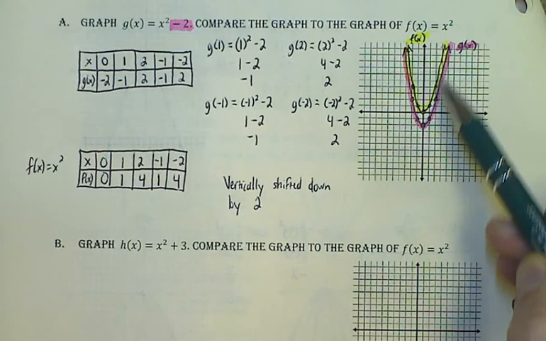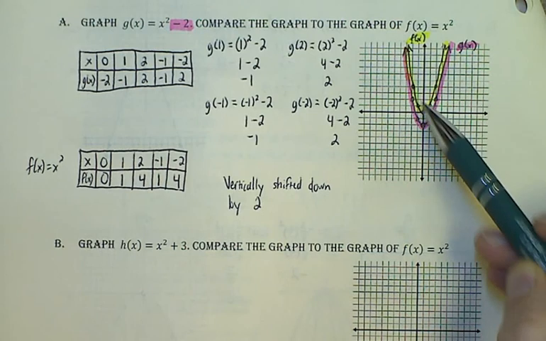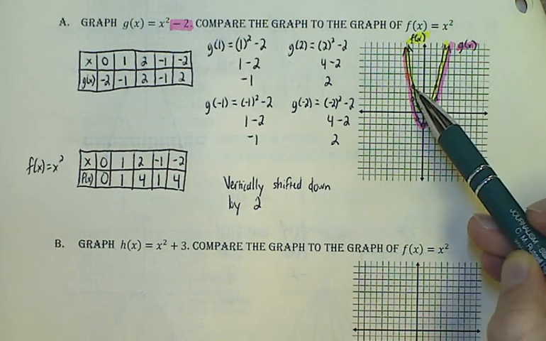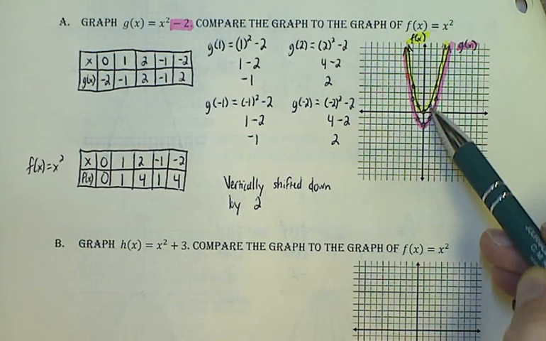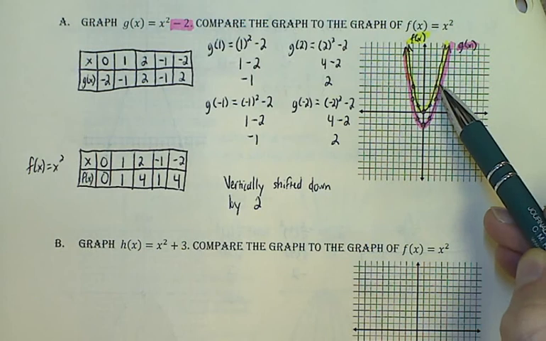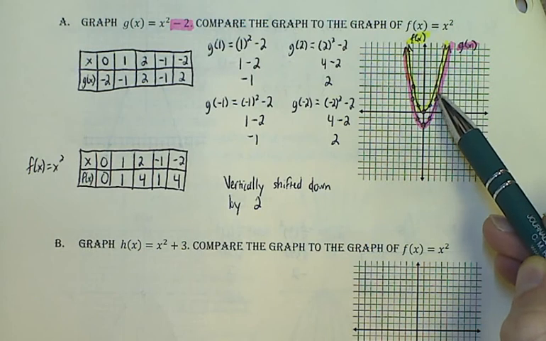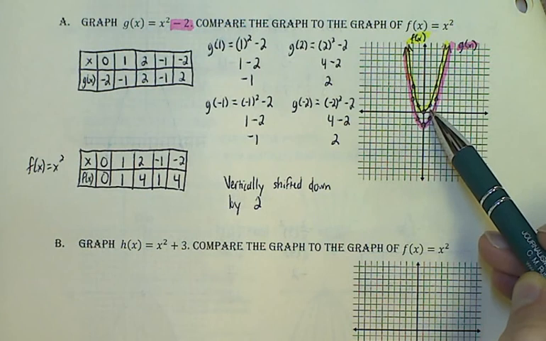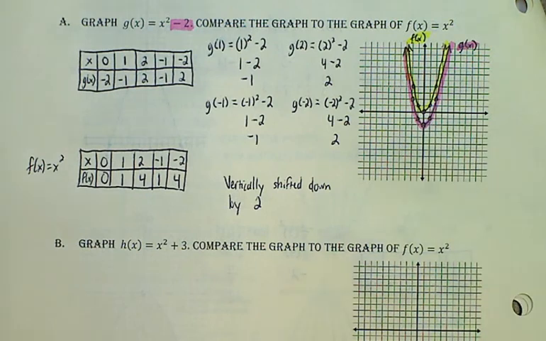Well, this one is now at (0, -2). And if you look at it, every point actually moved down 2 spots. So what was (2, 4) is now (2, 2). What was (1, 1) is now (1, -1). So it was vertically shifted down by 2. And that's all I really have in comparison for this one.